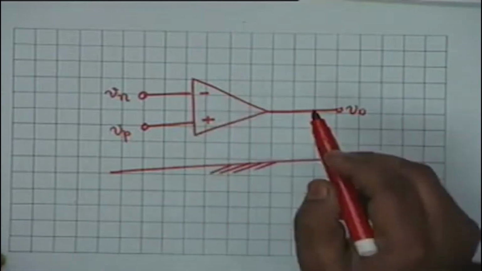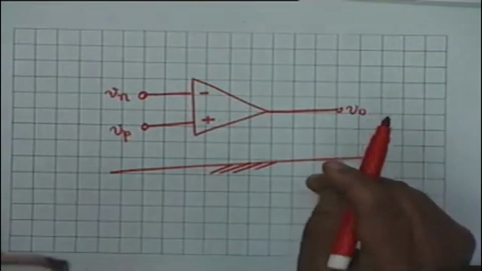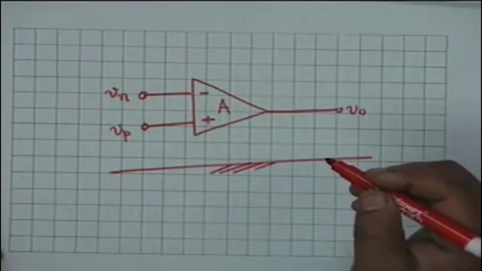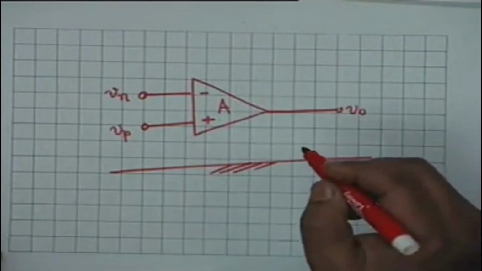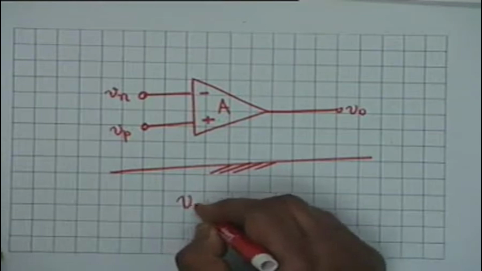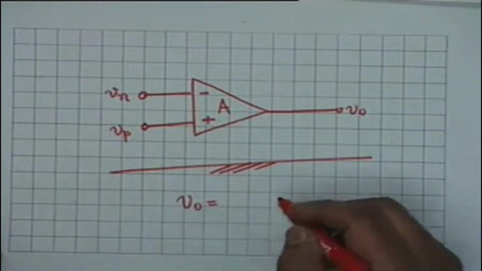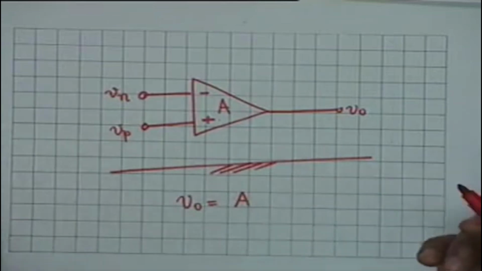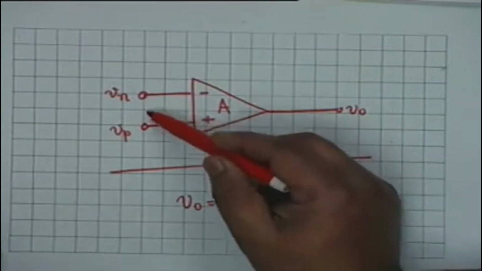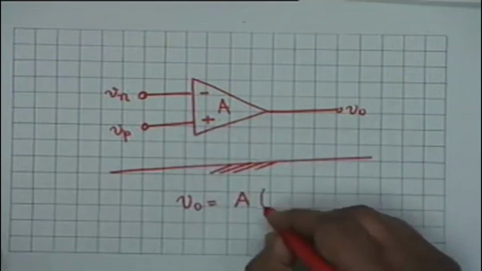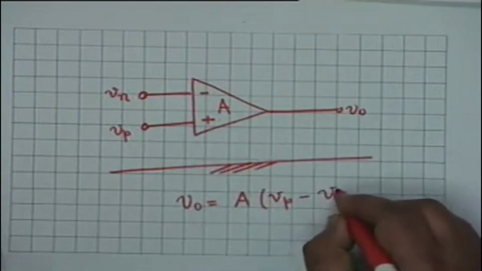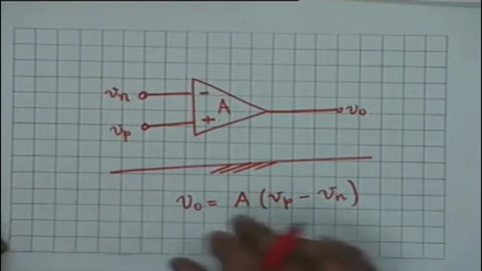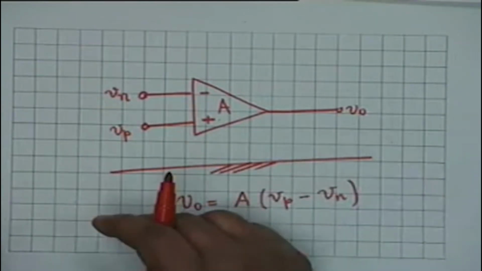Then the op amp, operational amplifier, is characterized by a gain A, capital A, such that the definition of A is that V0, the output voltage, is A times the effective input voltage, that is the input voltage between these two terminals, which will be Vp minus Vn. All right, this is the definition of an op amp gain.